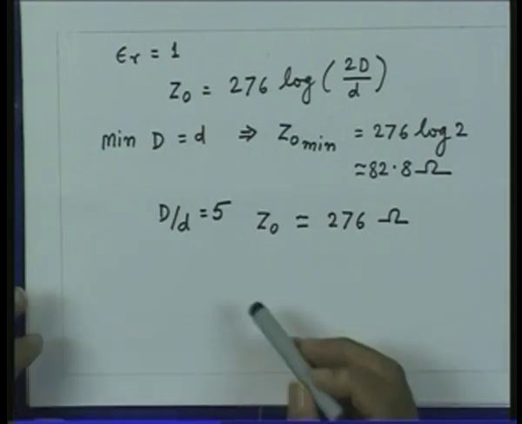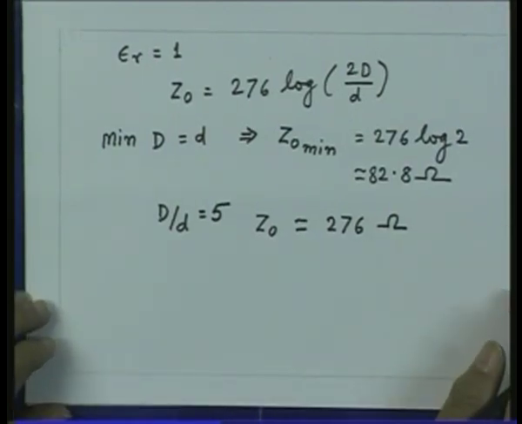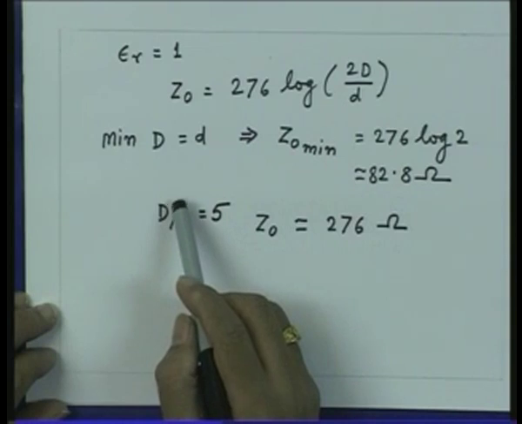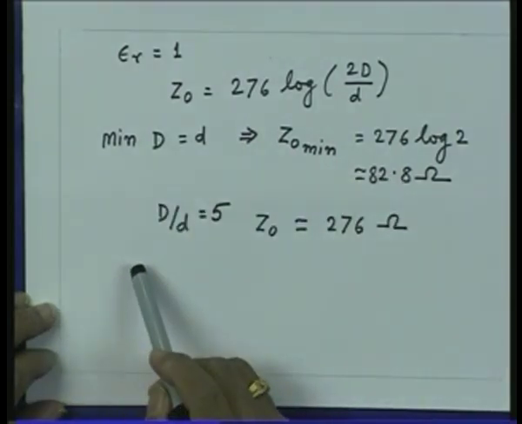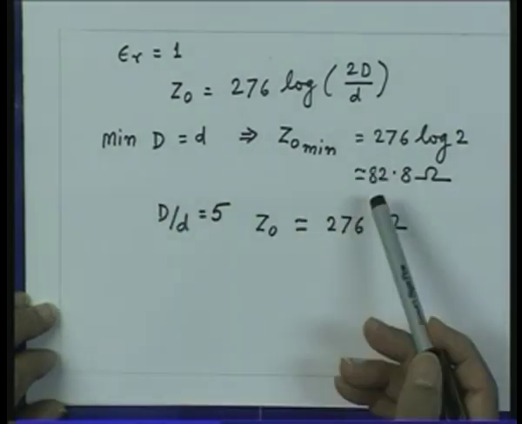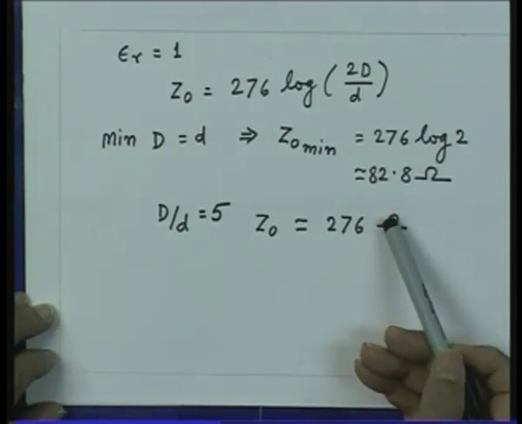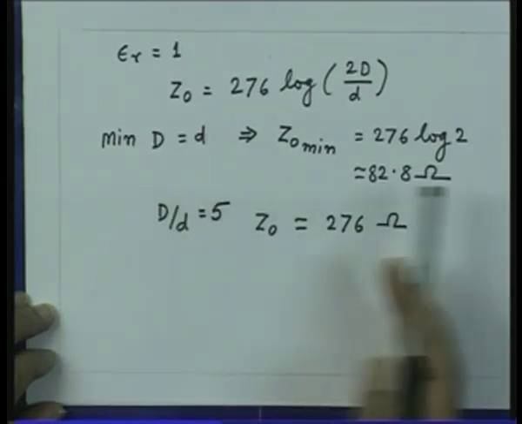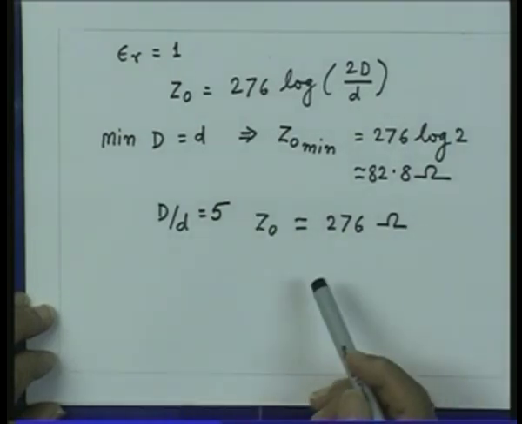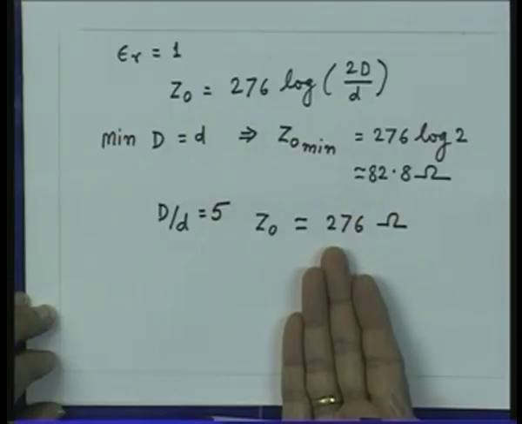So, as we can see, for this structure, realizing low impedance is more difficult. I cannot realize impedances lower than 82.8 ohms. However, I can realize high impedances rather easily. Just by putting a D by d ratio of 5, I can realize the impedance of 276 ohms.